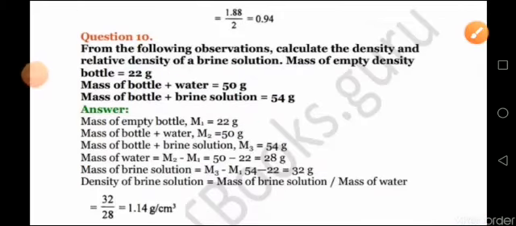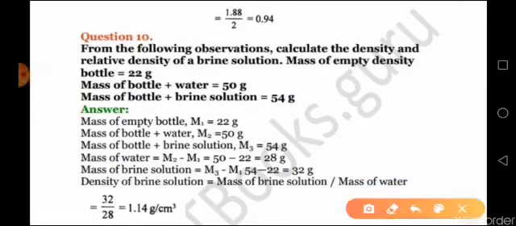Similarly, you have your question number 10 also. Here again, you have to find out the density and also the relative density of brine solution, where you are given with mass of empty bottle, mass of bottle and water is given, mass of bottle and brine solution is given. Now if you want to find the mass of water, subtract these two values.